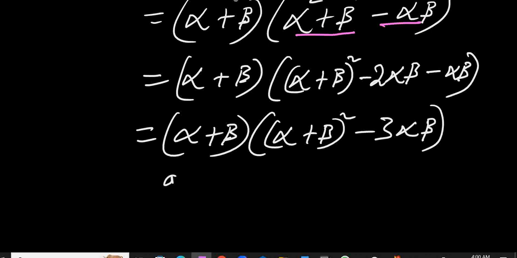you know, a is equal to 3, b is equal to -4, and c is equal to -1.